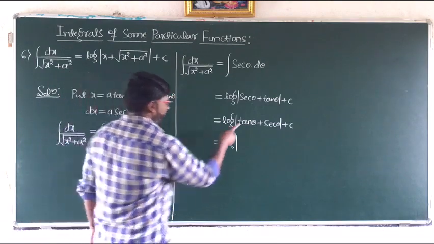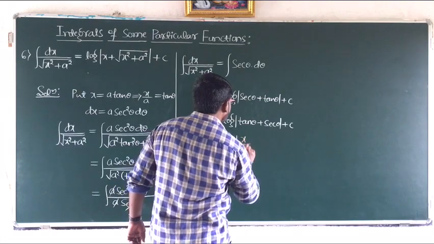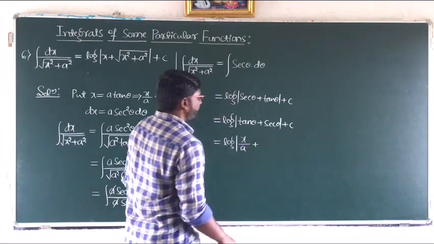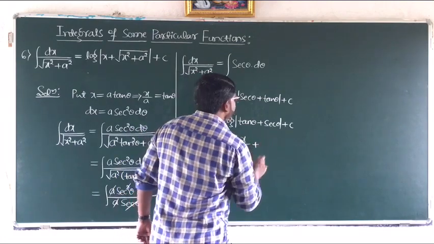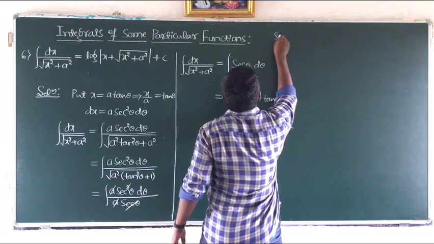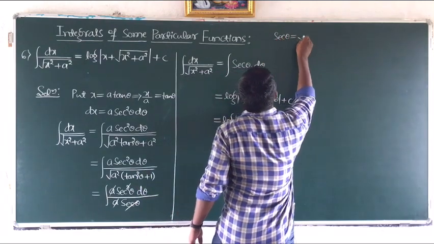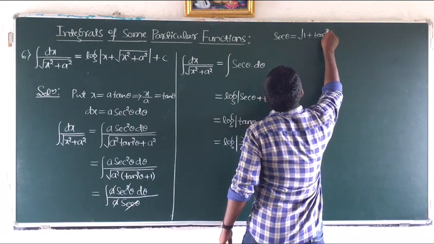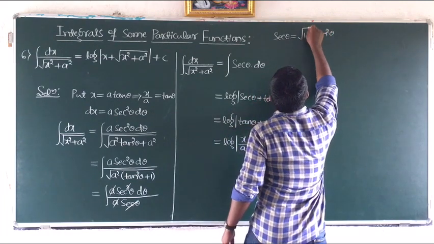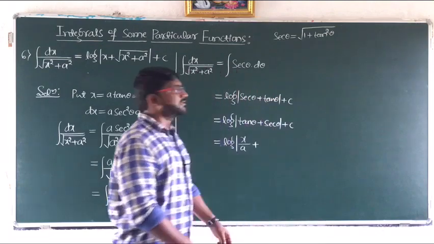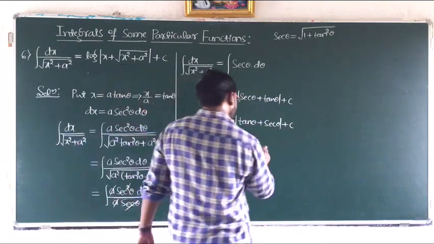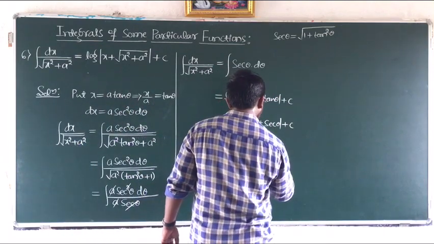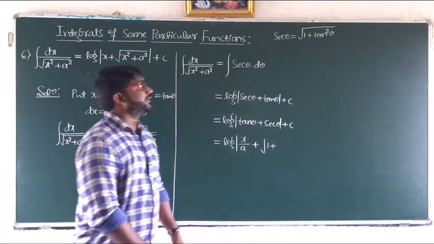So in place of tan theta, I can write x by a plus, what is secant theta? Secant theta is equals to under root 1 plus tan square theta.